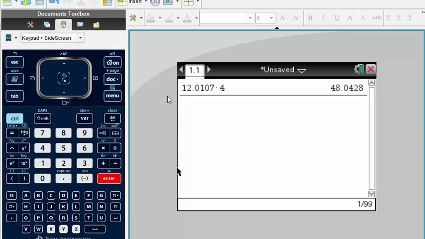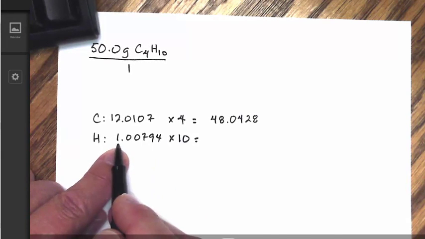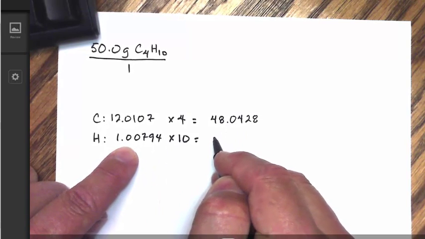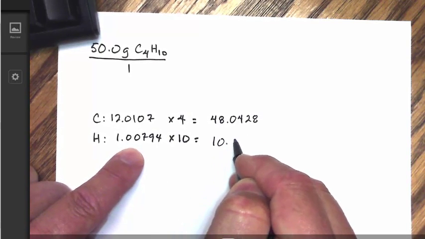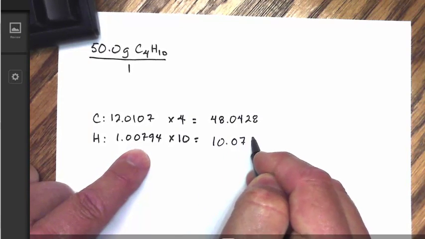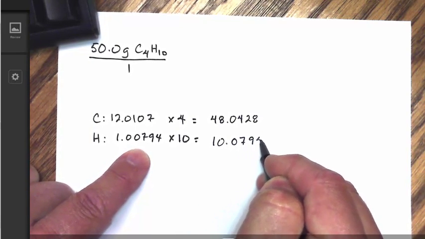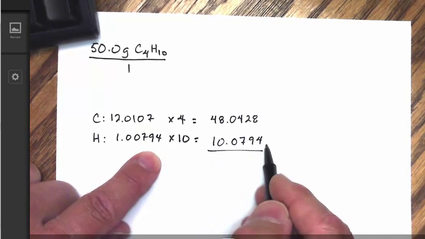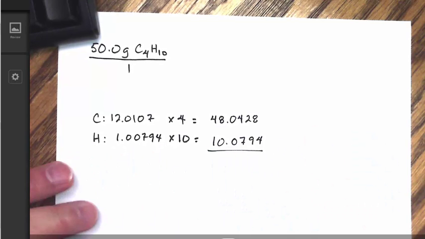And if I multiply this times 10, I'm just moving the decimal place one place, so I'll just do this the fast way here, okay? 10.0794. Okay, and there actually is a 0 on the end. We won't worry about it because it's going to round off anyway.